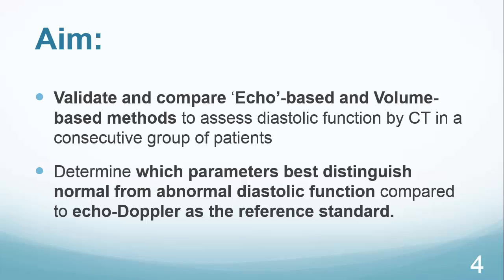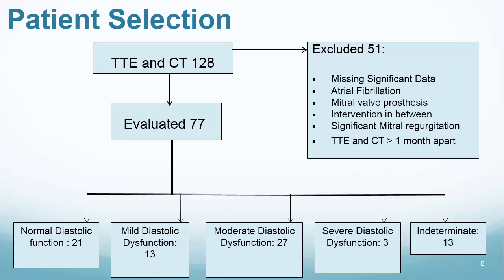The aim of our study was to validate and compare the two methods in a consecutive group of patients and determine which parameters best distinguish normal from abnormal diastolic function using echo Doppler as the reference standard. So we selected 128 patients who had undergone a full cardiac CT and a full echo exam.